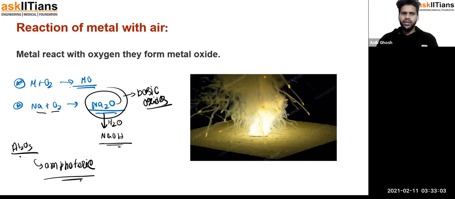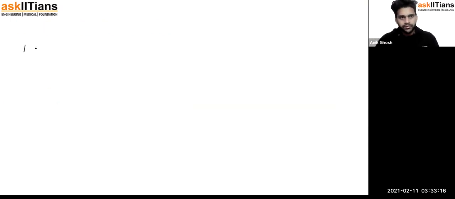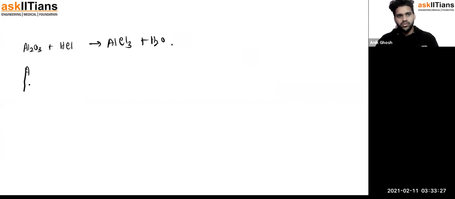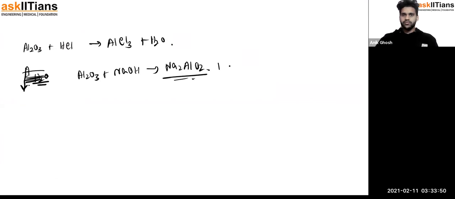If you take Al2O3, it would react with both acids and bases.